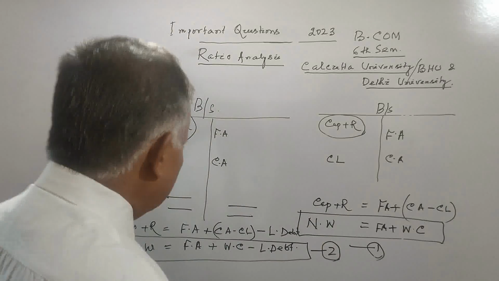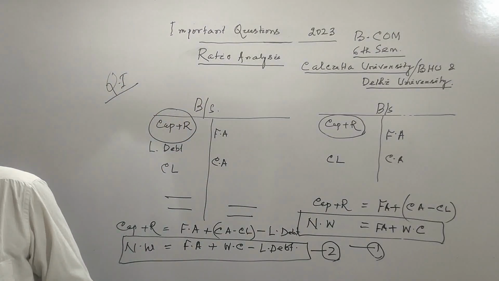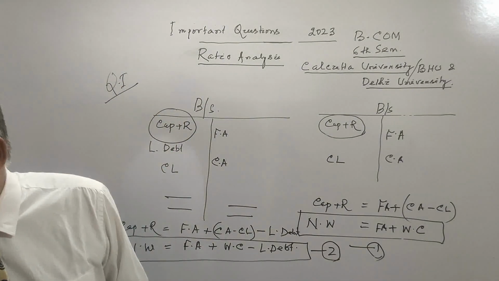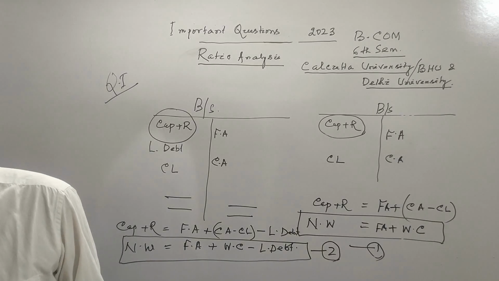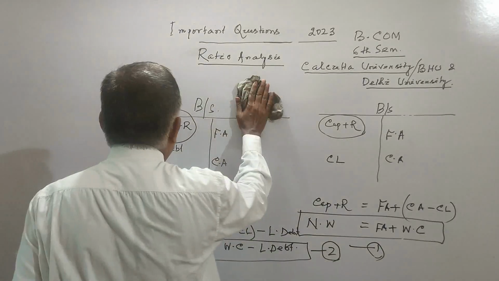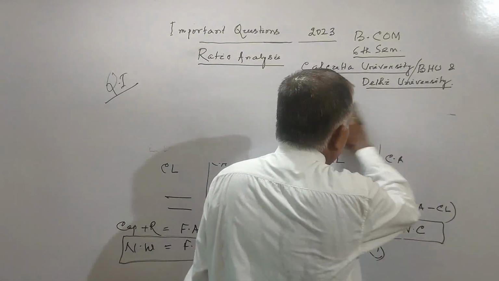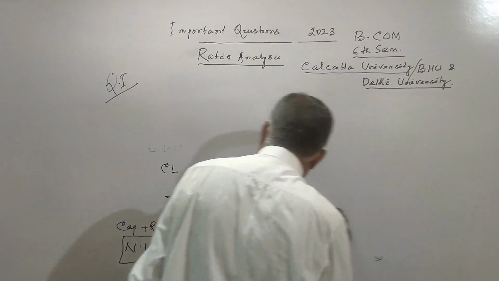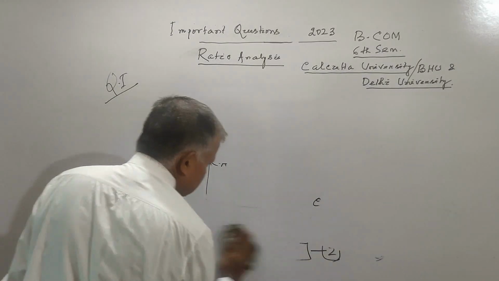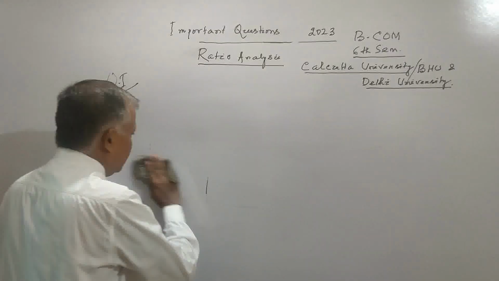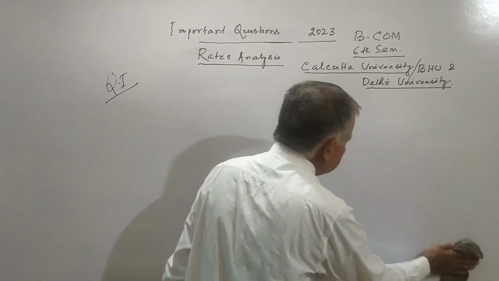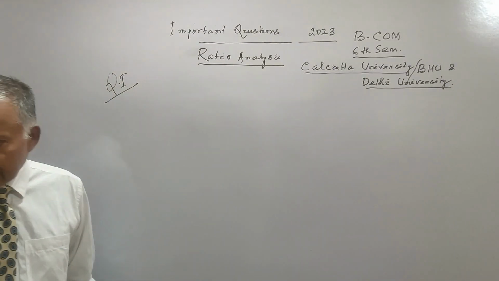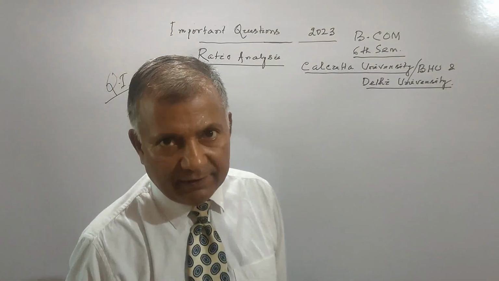Right? So here this net worth concept was very important. Apart from that, we will solve the problem. Here sales is given, that is your 36 lakh. Friends, I would like to tell you where the numerical figures are given.